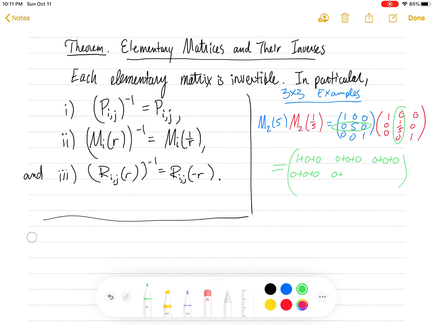Now let's go to the second row. Dot product is going to be 0 plus 0 plus 0. Second row, second column. It's going to be 0 plus, we're going to do 5 times 1/5, right? 5 times 1/5 is 1, plus 0 times 0 is 0. So 0 plus 1 plus 0.